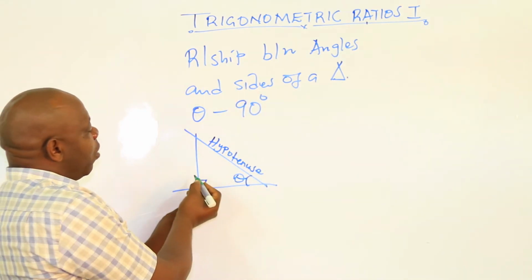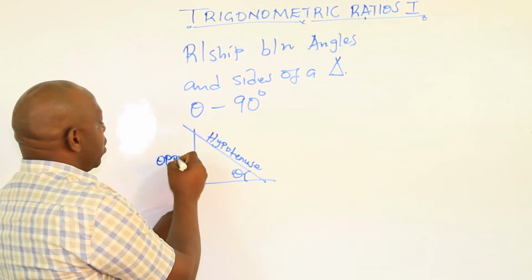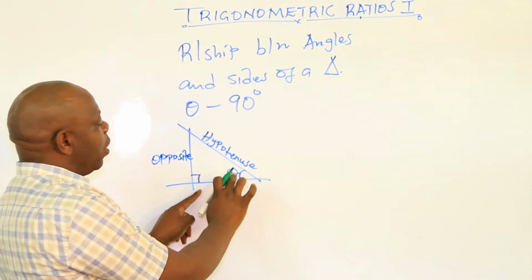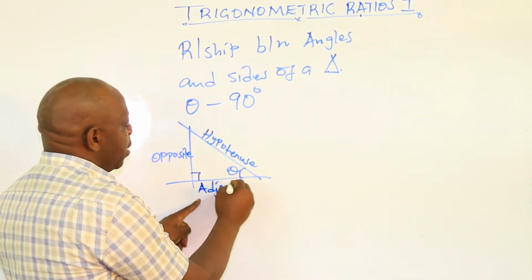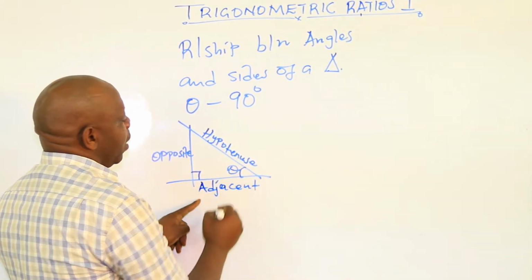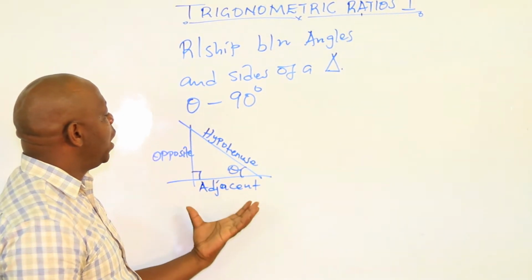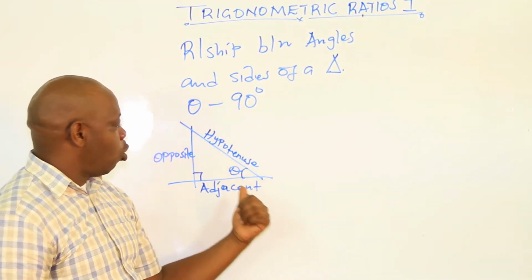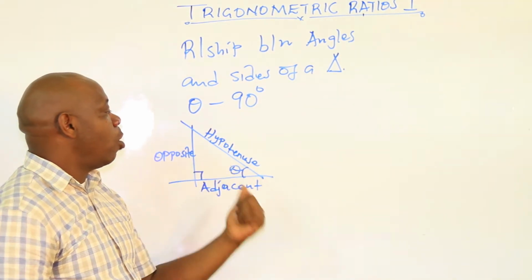Then the side that is opposite theta, we refer to it as opposite. And then the side that is next to this angle theta here, we refer to it as the adjacent side. So in trigonometric ratios 1, we'll be dealing with the relationship between angles and the sides of a right angle triangle.